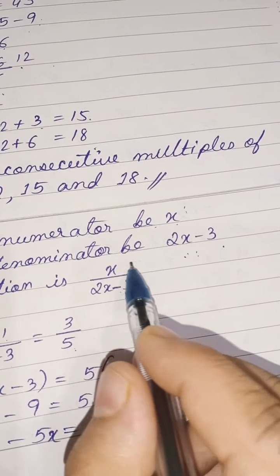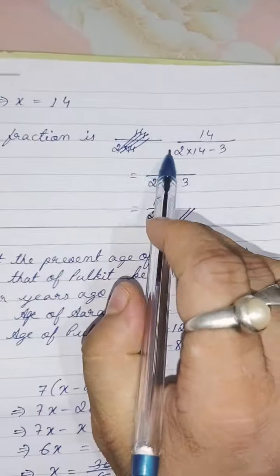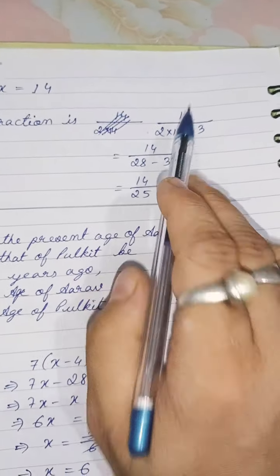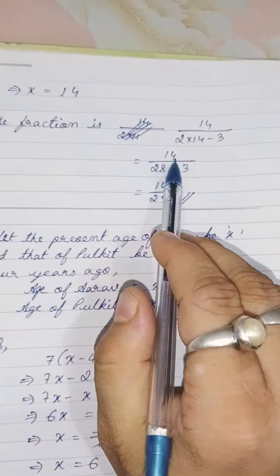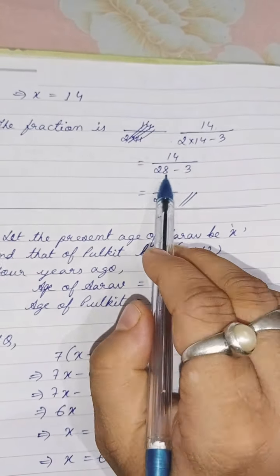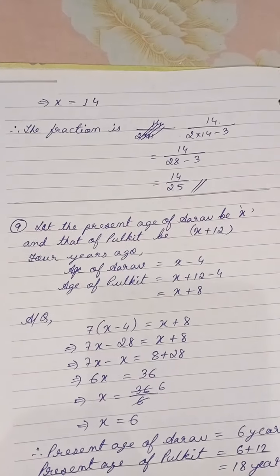So taking this value of 14, if I put the value in this fraction that I have considered, in place of x I'll put 14, and in place of twice x I'll write 2 into 14. So 2 into 14 minus 3, that is 28 minus 3, 25. So this is the required fraction.